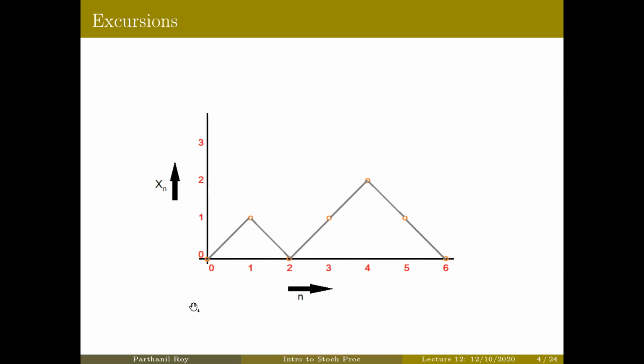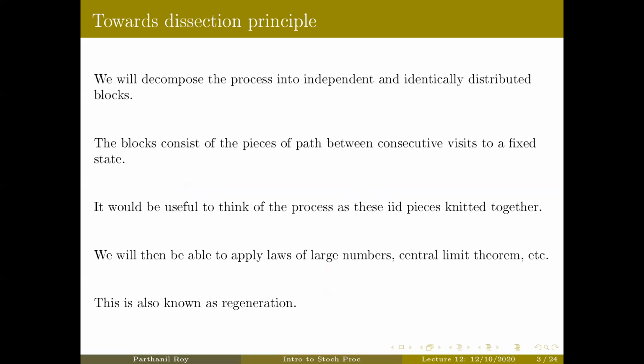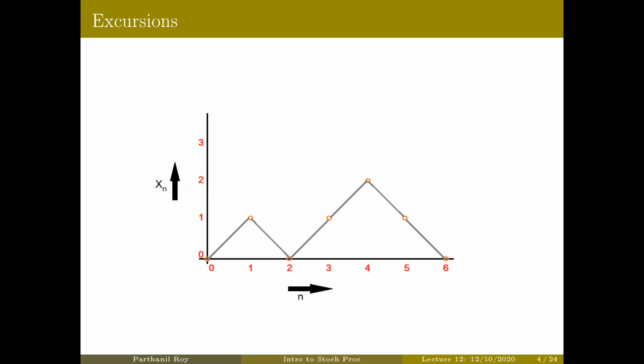Now from this diagram, it should be clear that you started at 0, then you came back to 0. This is what we'll call the first excursion. The Markov chain starts at 0 and then comes back to its starting point. Similarly, this would be the second excursion.